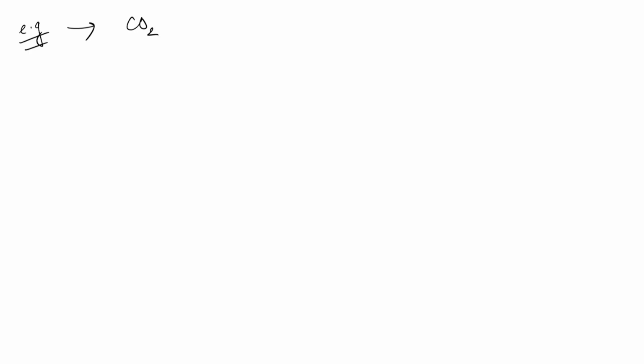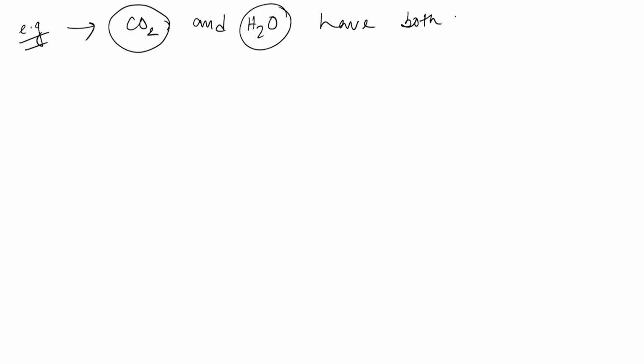So, carbon dioxide and water. Okay. Both of these molecules, this is the molecular formula of them, but they cannot be reduced to any simpler form. Okay, this is the simplest form. So, carbon dioxide and water have both empirical and molecular formula the same.